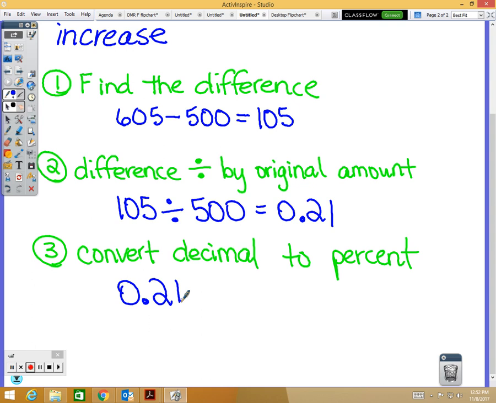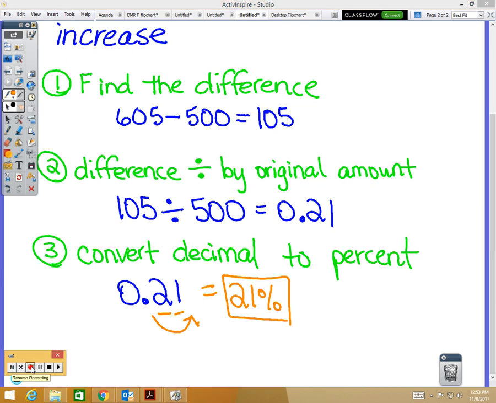Is it always 2 places? Yes. Move the decimal 2 places to the right. So that's going to be 21%. So your salary increased by 21%. If it went from $500 to $605, it increased 21%.